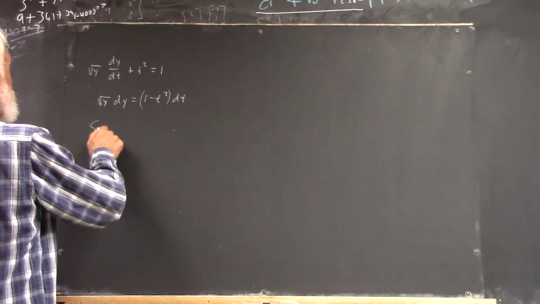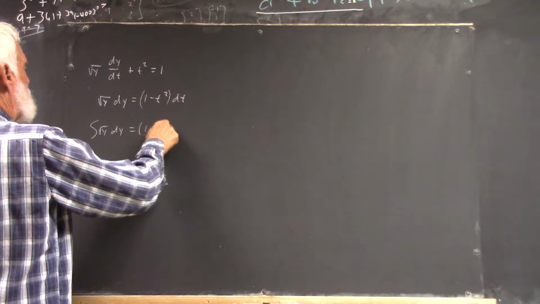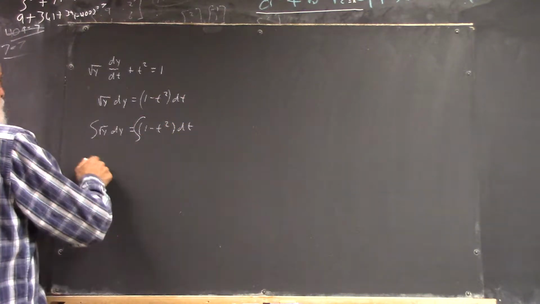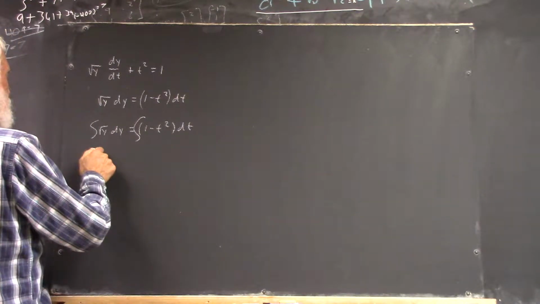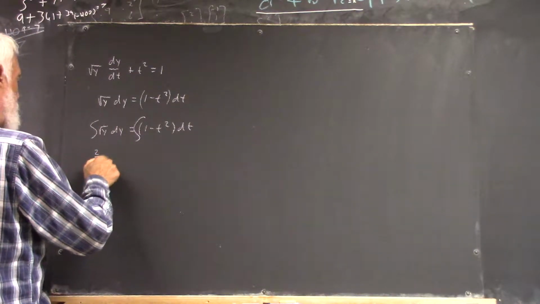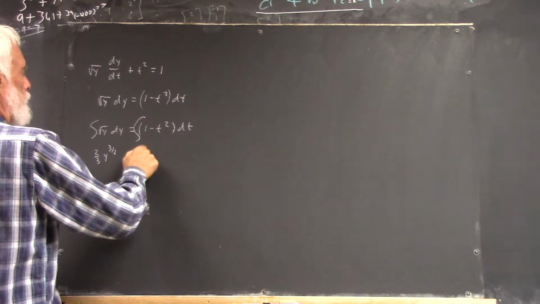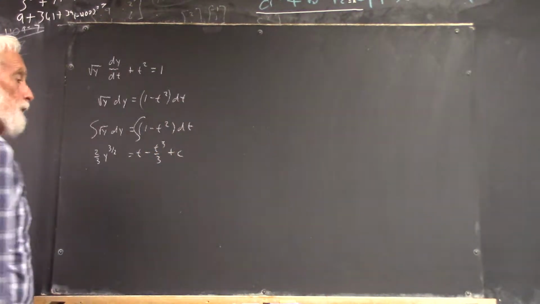So you integrate this. The antiderivative of y to the 1/2 is 2/3 y to the 3/2. And over here you're going to get t minus t cubed over 3 plus a constant.